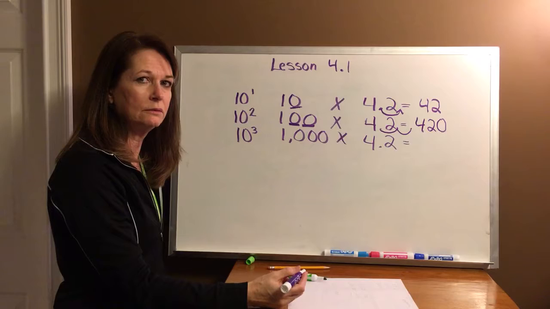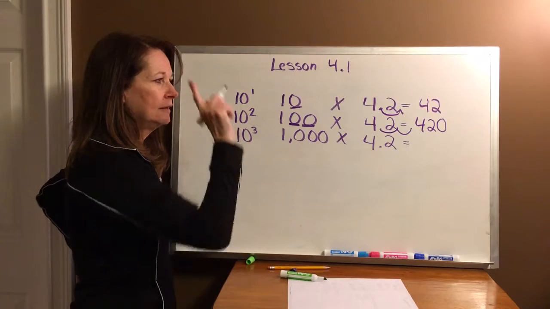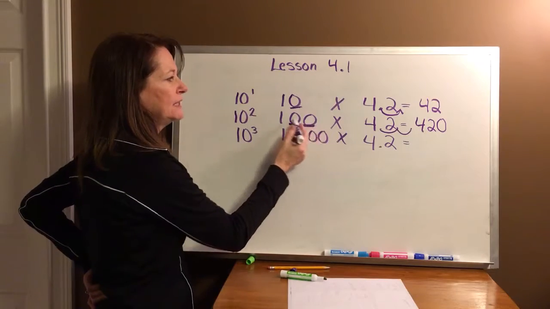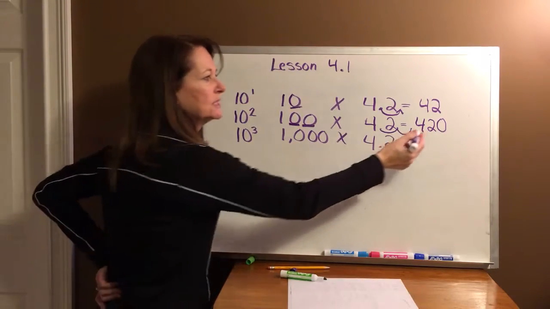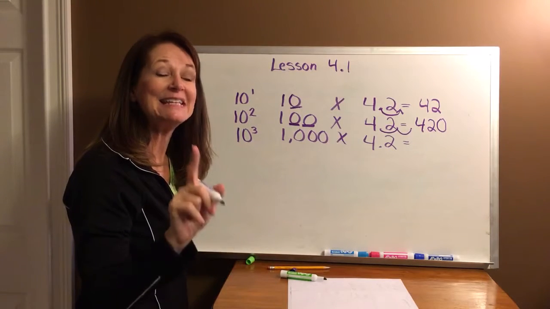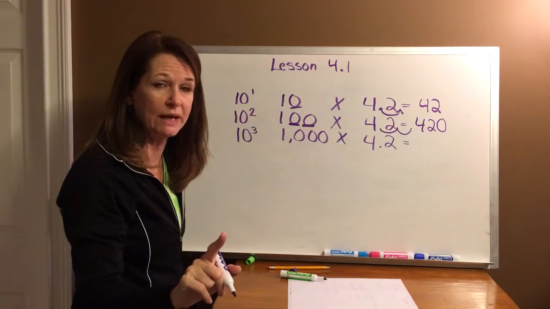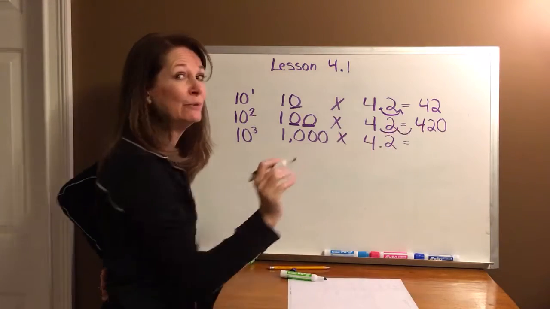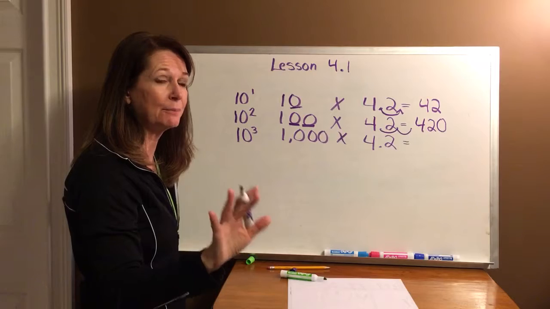Now notice here, a common mistake is that you put in however many zeros you see, you just tack on those zeros. It's not about the number of zeros. It's about moving the decimal point 2 places. Only 1 zero. Okay? Separate the 2.